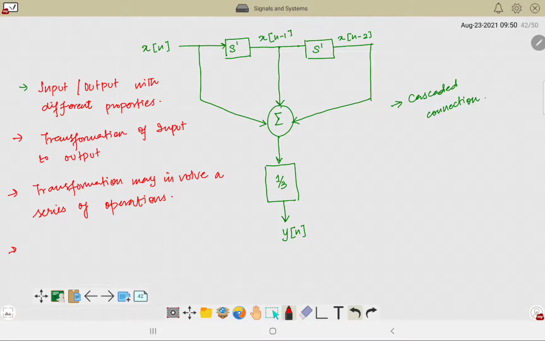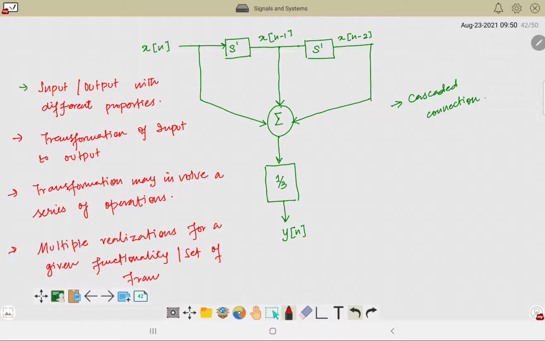And then finally, you can have multiple realizations, implementations, whatever you want to call it, for a given functionality. Right? Yeah, for a given set of transformations.